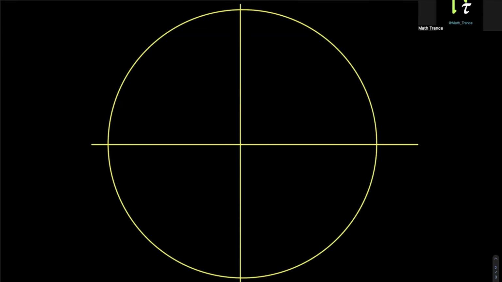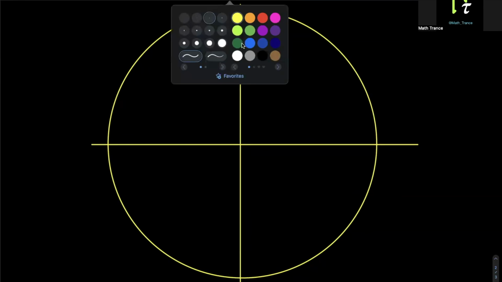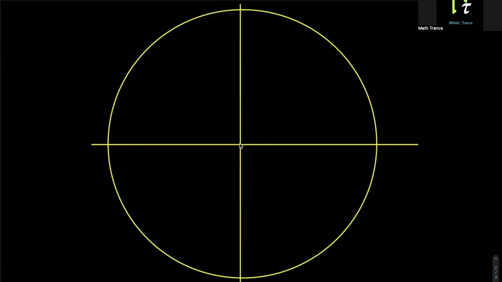So let this be the center. Now suppose we go to any random angle theta, right? And the radius is equal to 1.